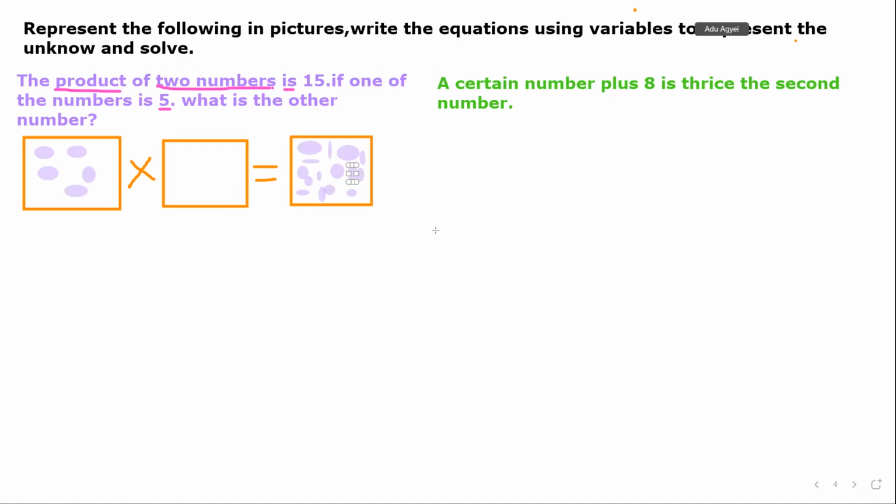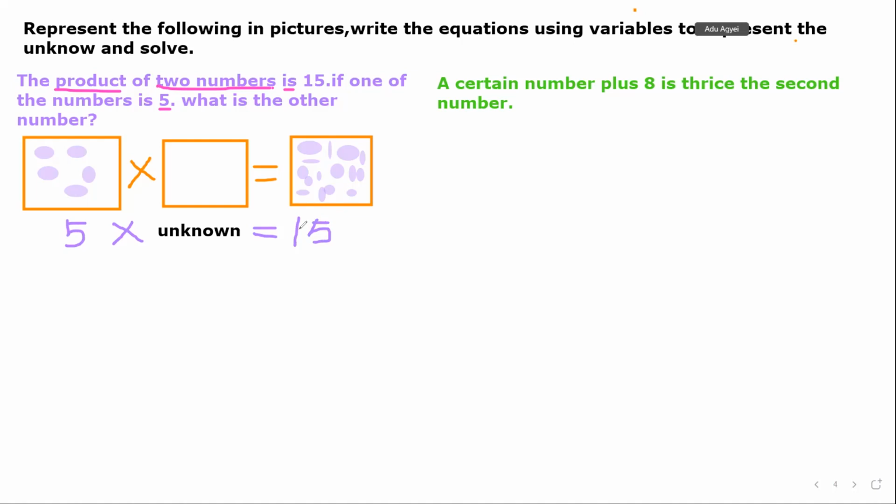Okay, good. Now with this, you translate them. So here is 5 times the unknown, equal to 15.